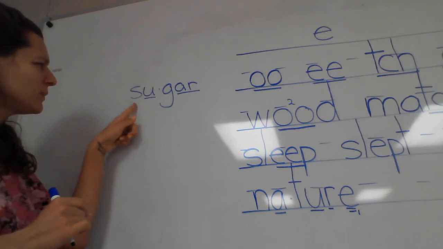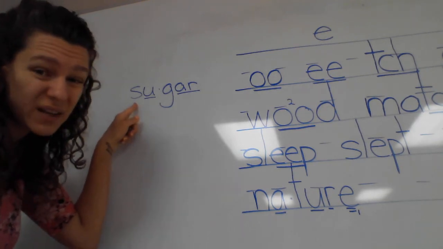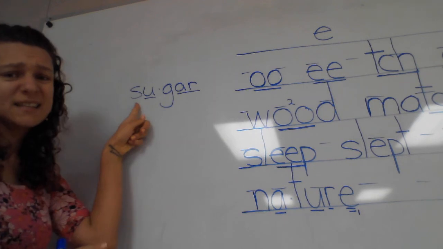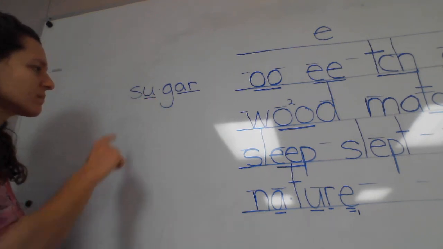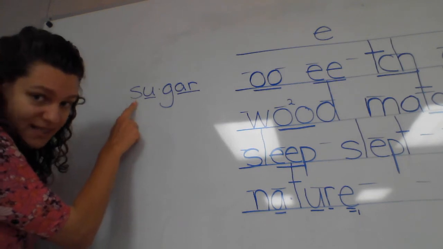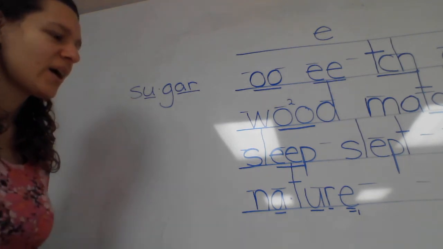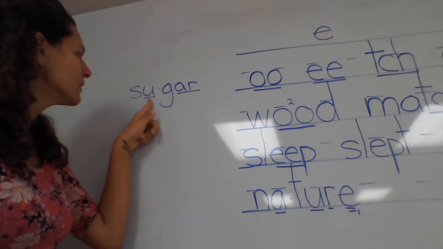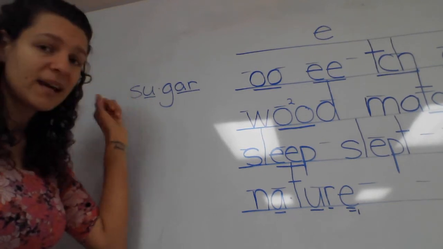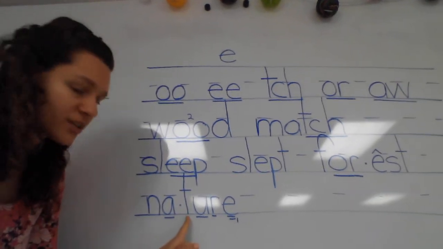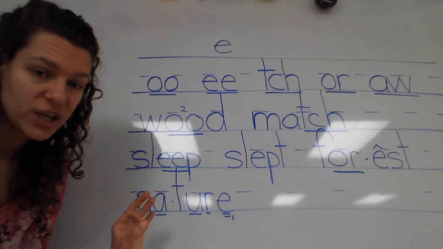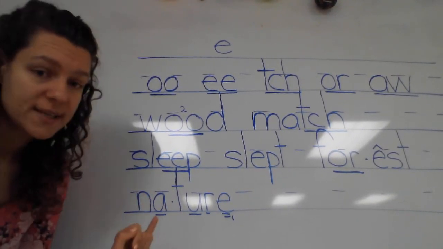All right, do you hear how there's a sh sound at the beginning? But this is s. All right, it's because our U here is distorting this sound. All right, so if U is after S, it'll often change it to a sh sound. If it's after t, it will often change it to a ch sound.